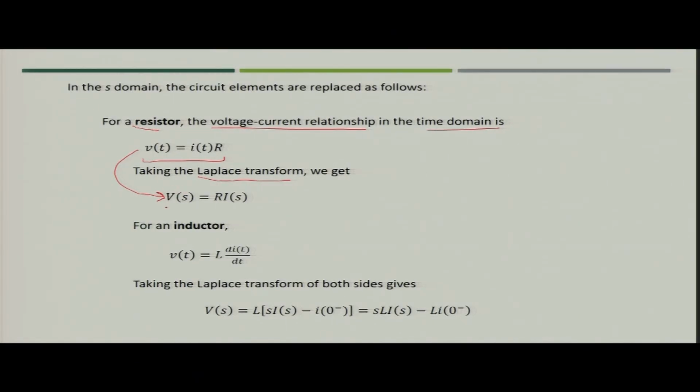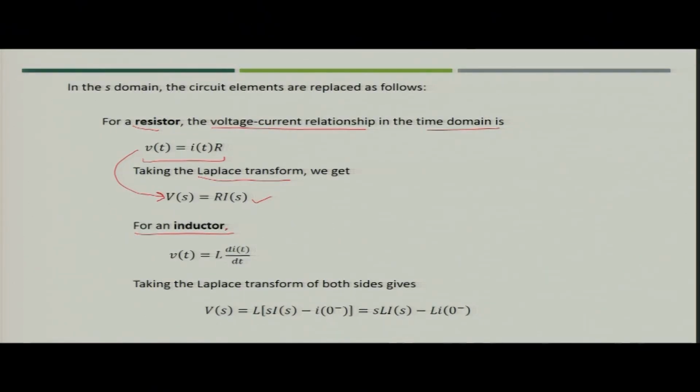V(t) becomes V(s), R is a constant quantity so there is no change in R, and I(t) is converted into I(s). So, V(t) equals I(t) into R is converted into the S domain as V(s) equals I(s) into R. This is what we get when we convert a resistor into the frequency or S domain.